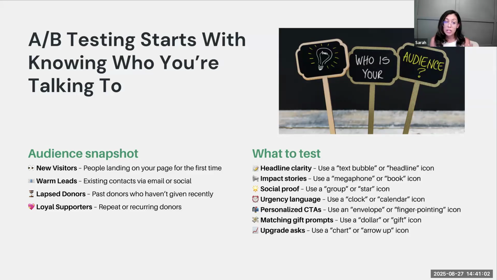What subject line gets more email opens? What image works better on, say, Facebook versus Instagram versus LinkedIn? Your audience will tell you what they want. You just have to be collecting that data and then listen and review it, because that's all that A/B testing really does. It turns your donors' behavior into tangible insights that you can take with you as you're continuing to fundraise.